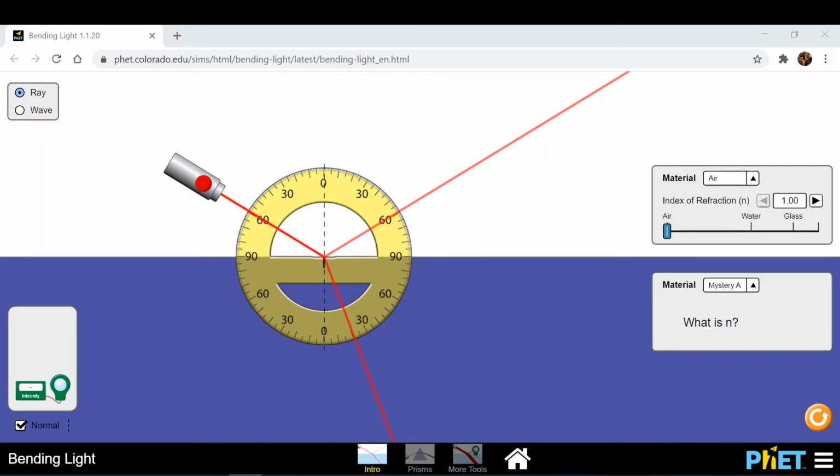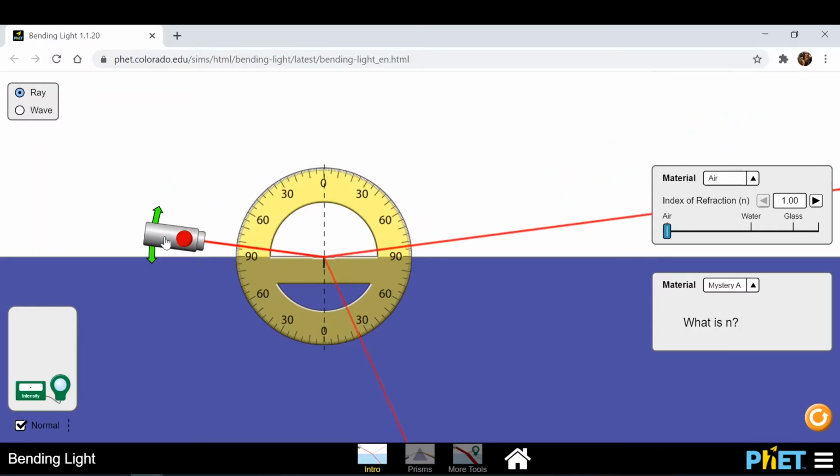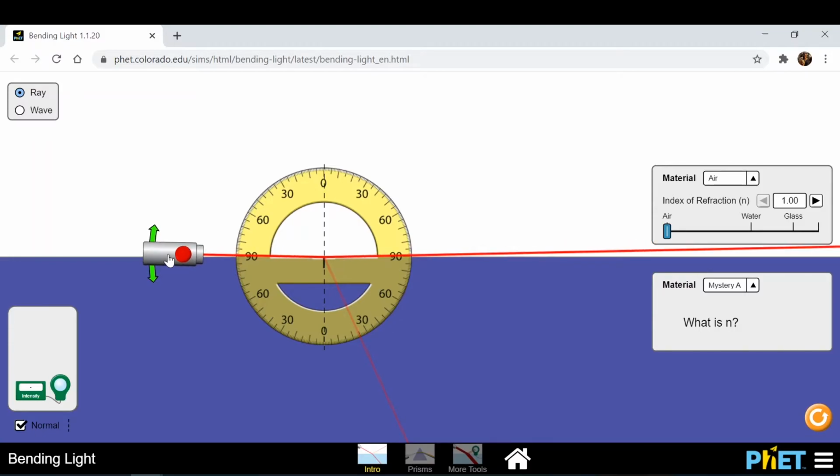Now, what we want to do is we want to set our laser so that it is basically just skimming the surface of the two mediums. So we want it to be almost at a 90-degree angle to the normal here. So you want to drag this laser down as far as you can go before the refracted beam disappears.